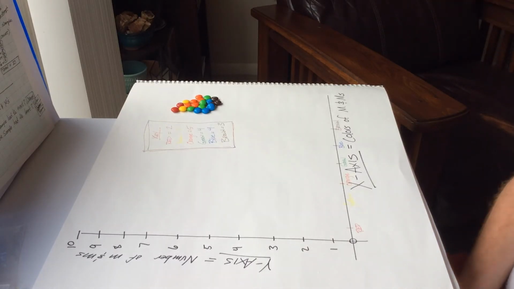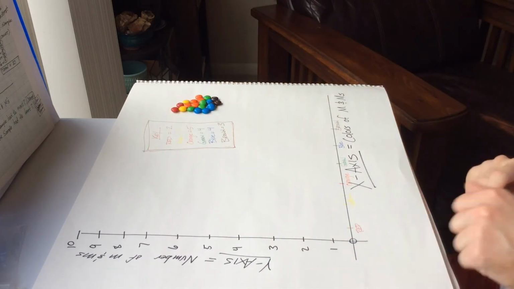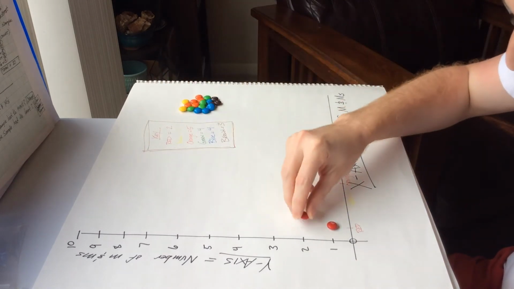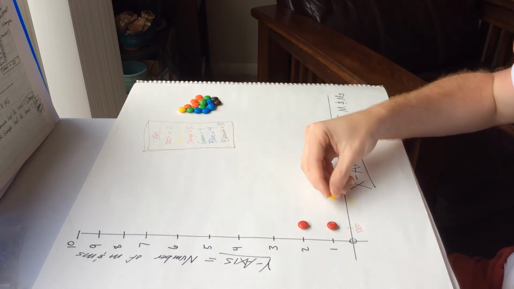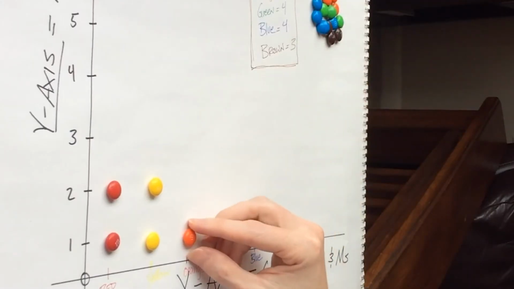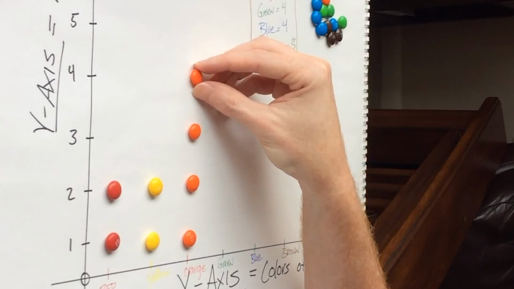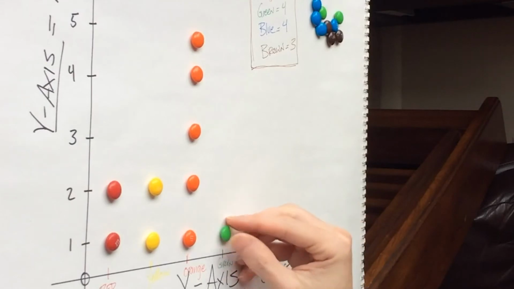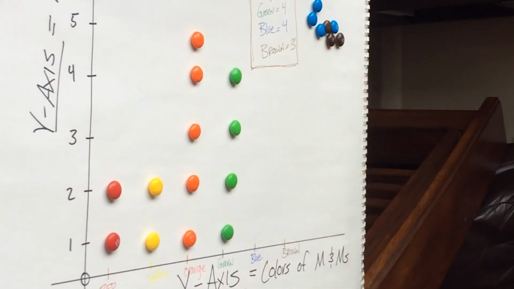So for it to be a bar graph, I need to represent these numbers in bar form. Now, first I'm going to do that by placing my pieces here, 1 and 2. Yellow, 1 and 2. Orange, 1, 2, 3, 4, and 5. Green, 1, 2, 3, and 4.